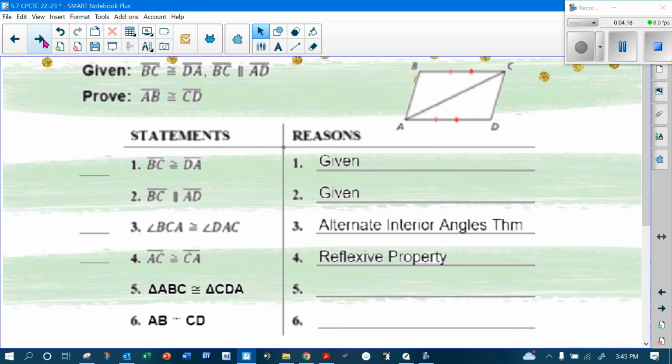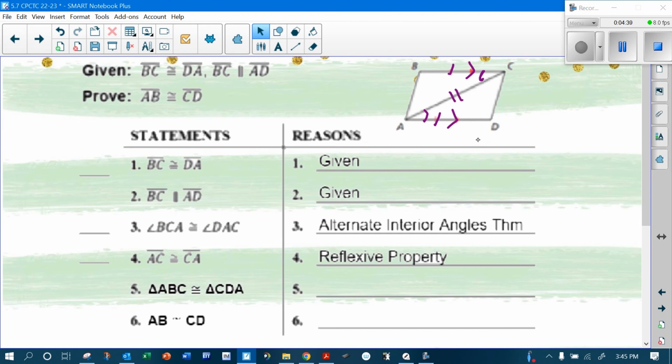So the very first thing I did on the front was this. I already did this, okay? We already said these two sides are equal. It's given. We already said these two sides are parallel. It's given. We already said that this angle here is equal to this angle here because they're alternate interior.